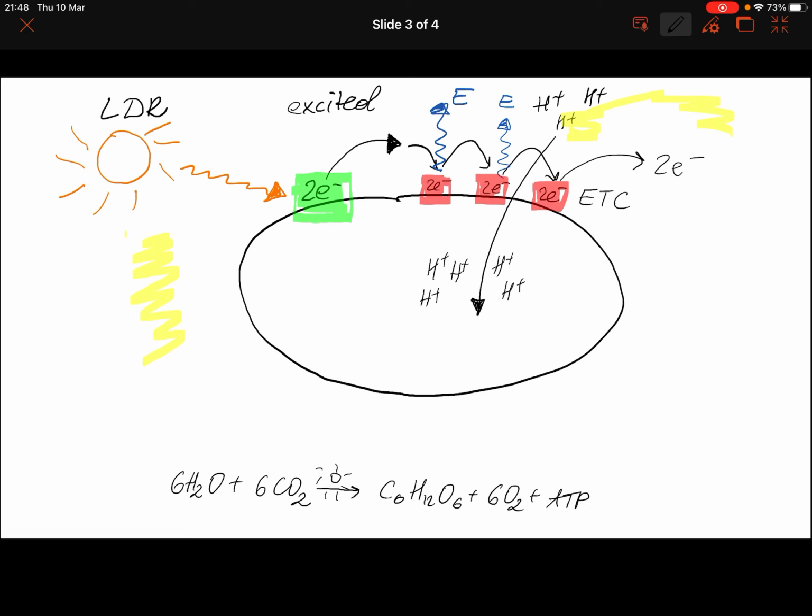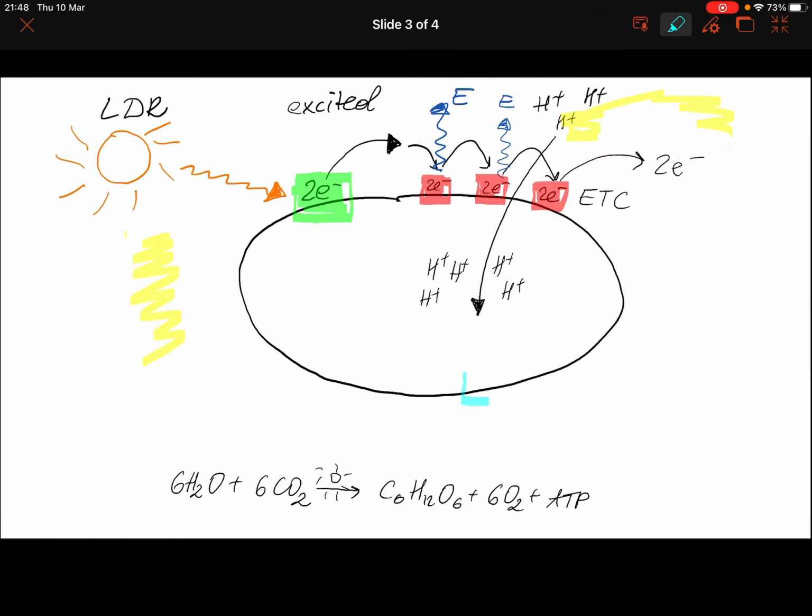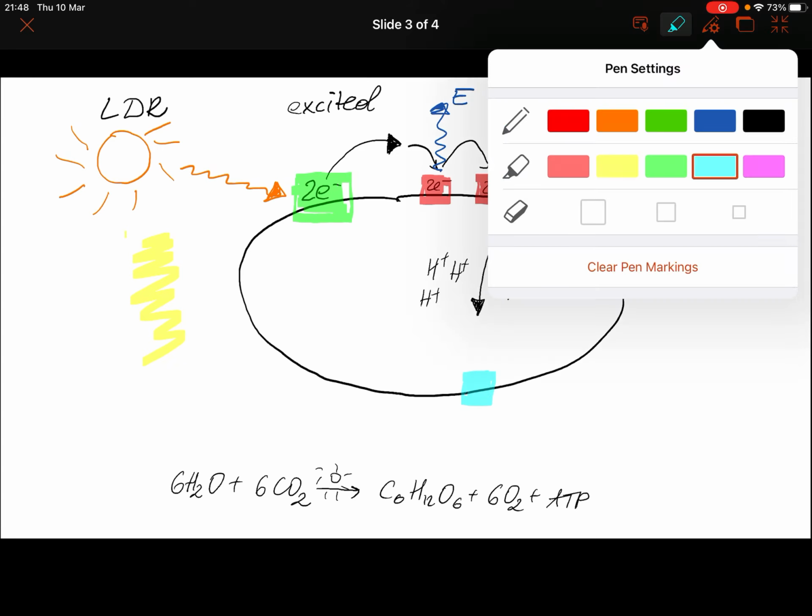You should remember from year 1, the ATP is formed using the enzyme ATP synthase. ATP synthase is also embedded in the thylakoid membrane.